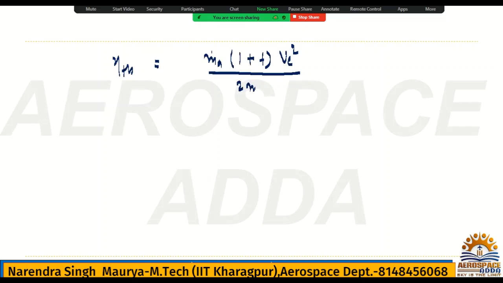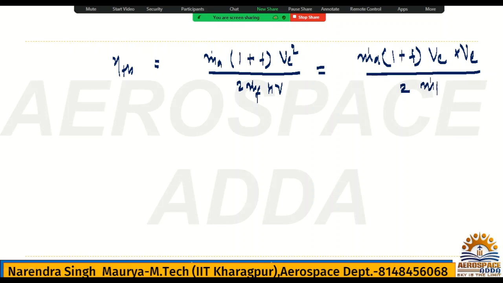What can we write? m dot a (1 plus f) VE into VE over 2 m dot f into hv.